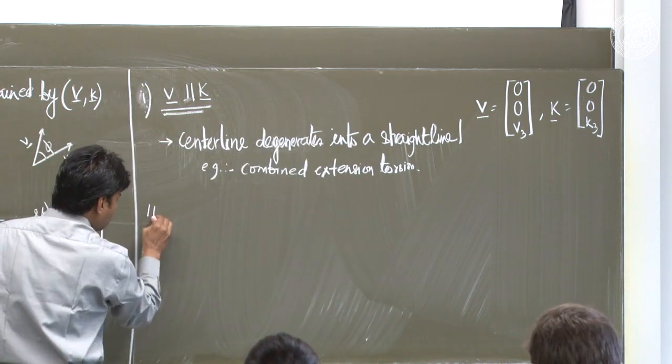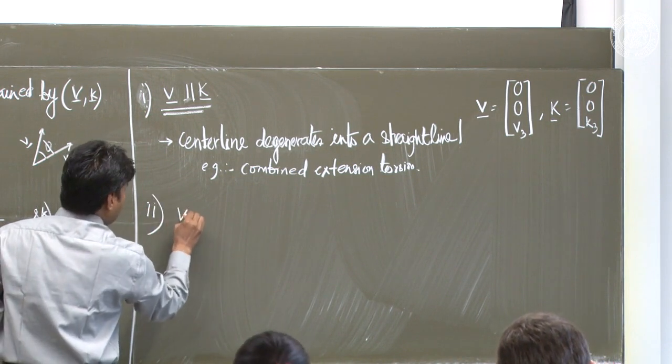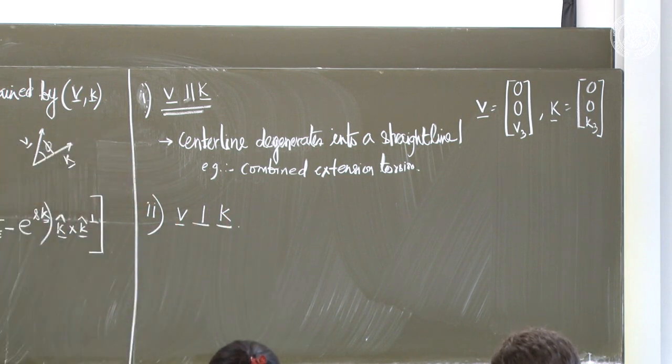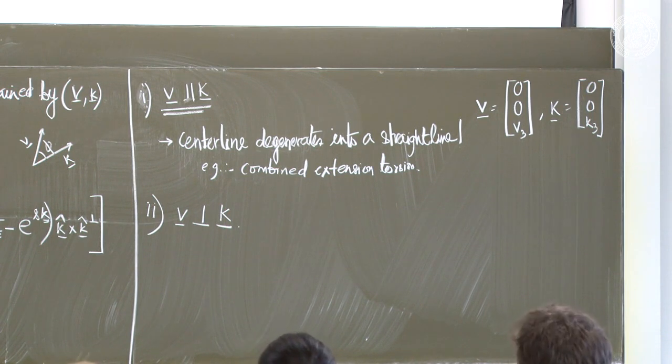Think of another situation where V is perpendicular to K. So what's going to happen in this case? This term drops out, but only this survives. So the helix degenerates into a circle.